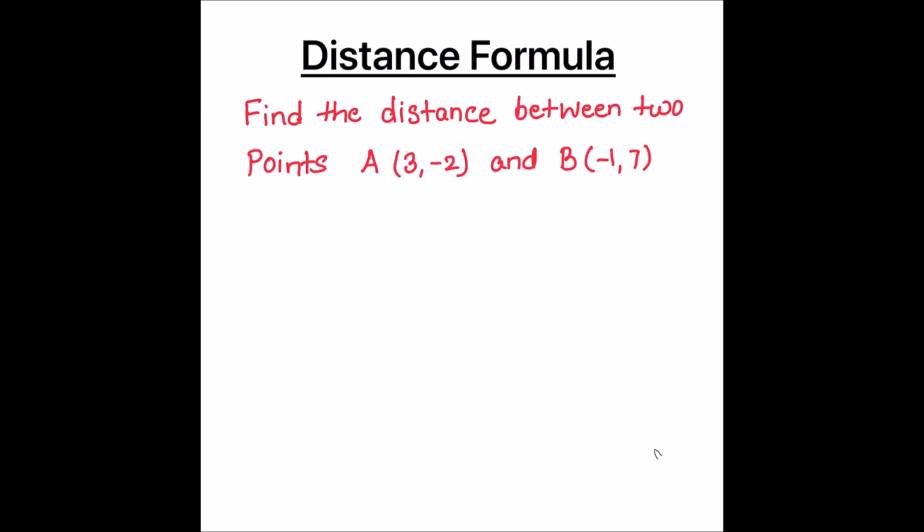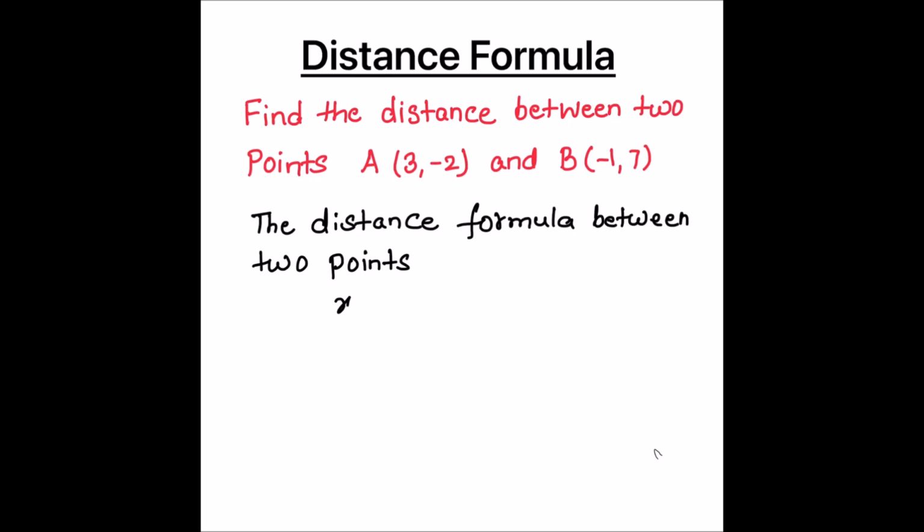Here the question is: find the distance between 2 points A and B, where the coordinates of the points are given to us. Let the 2 points be x1, y1 and x2, y2.